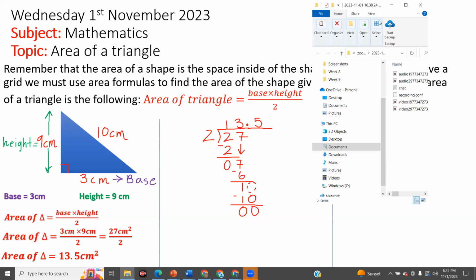We multiply the base times height, which is 27 centimeters squared. Then you divide 27 by 2, then you get 13.5 centimeters squared. Very good.